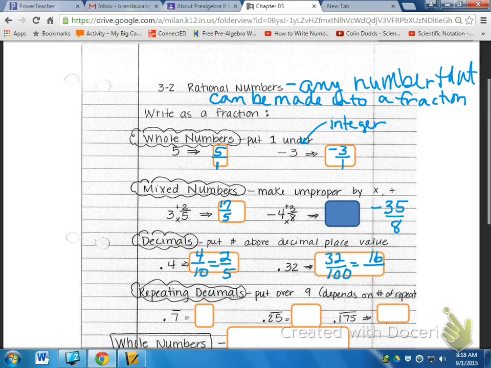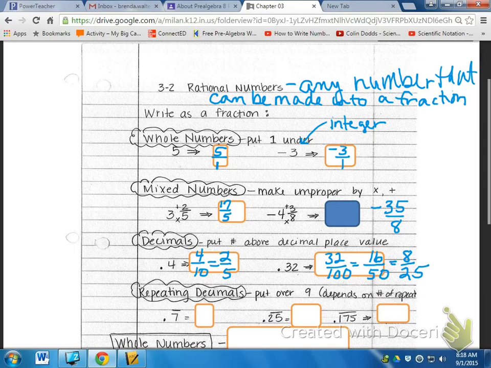50. Okay, so look at 16 over 50. You think you can reduce that any further? Yes. Yeah, because they're both even again. So divide them both by 2. What would we get? 8/25. Exactly right, 8/25.